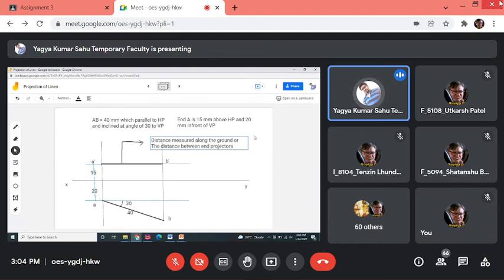You can see this is the projector for end A and this is the projector for end B. So A dash B dash is nothing but the distance between both the projectors.